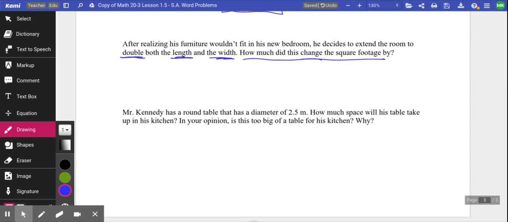If you double just one thing, say your width, then that would double your area. If you double the width and double the length, then you're doubling both sides. So you could take your surface area and times it by 2 twice. By doubling the width and doubling the length, you're doubling your surface area 2 times. Also just timesing it by 4.